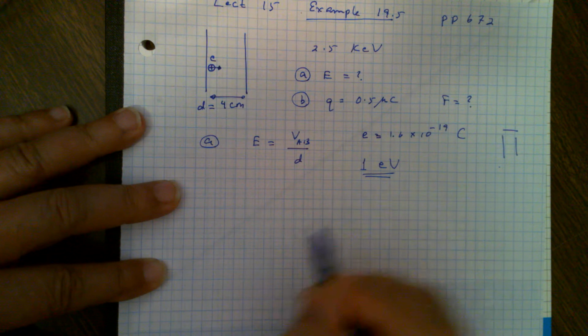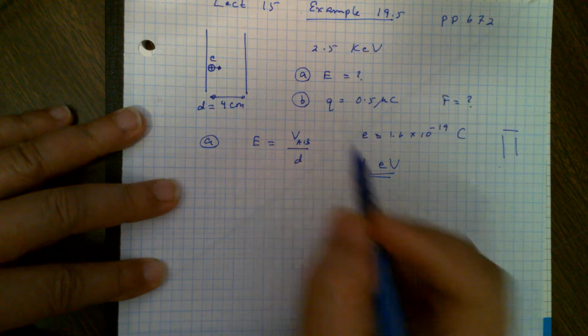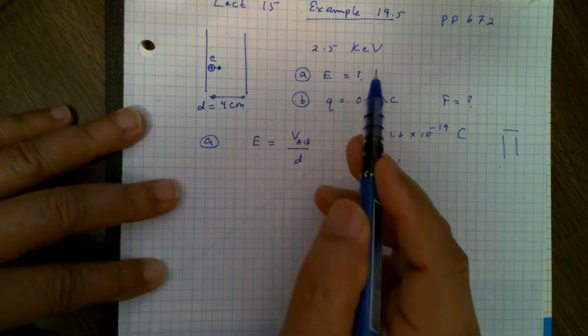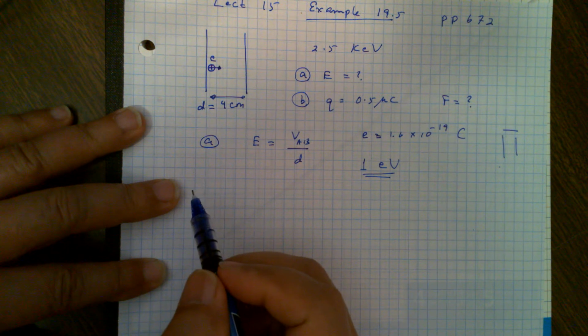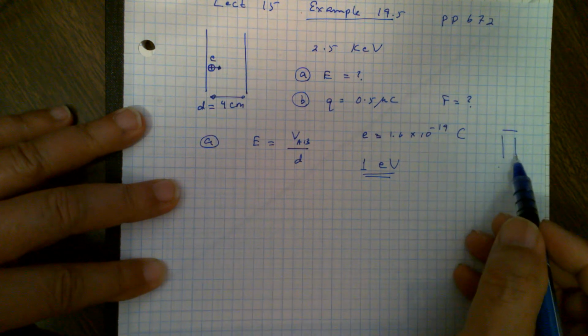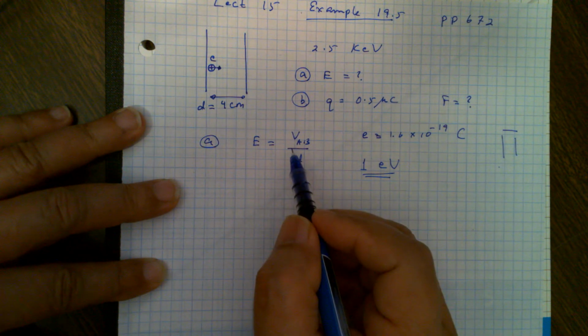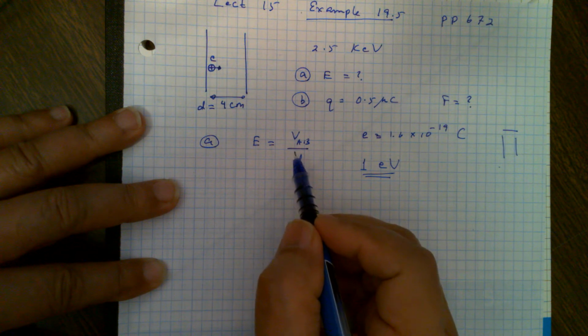That's the definition of 1 electron volt. So now we get 2.5 kilo electron volt. That means the voltage difference between these plates must be 2.5 kilovolt.